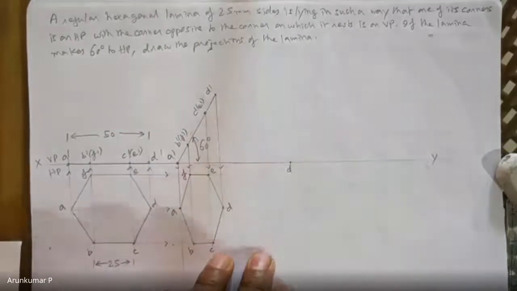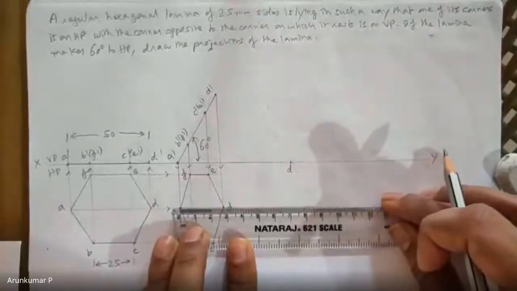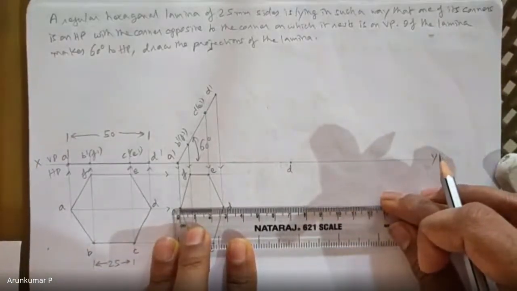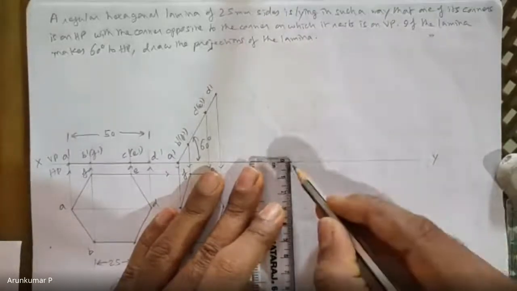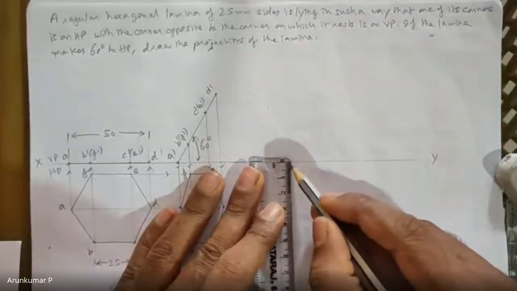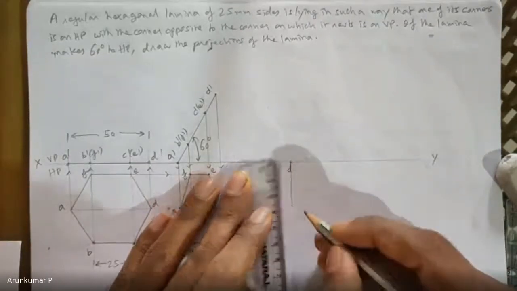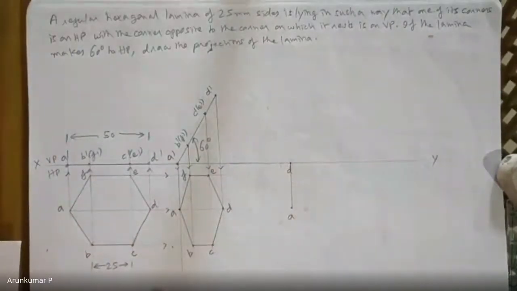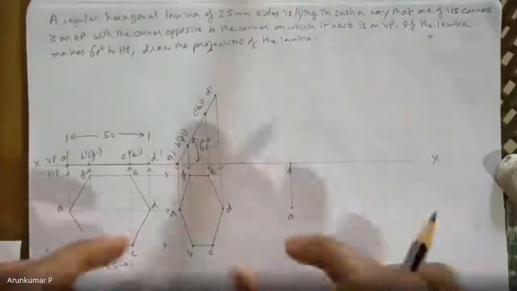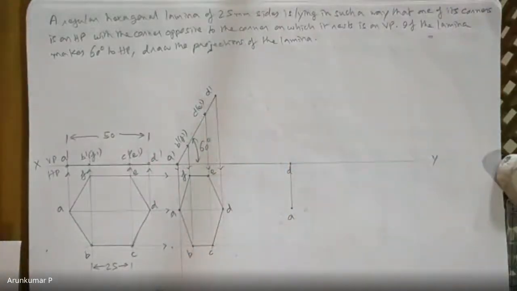Name this as D. Now, as I told you, you can measure A to D. It is around 28 mm. So you can locate A directly below D, 28 mm away. So maybe around here. So this would be A. Whatever this distance is, 28 mm, I have located it here with the help of the scale.